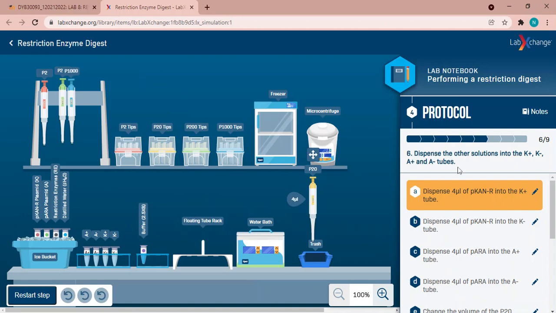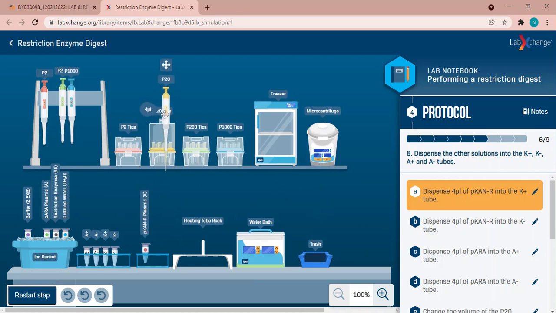Next, dispense the other solution into the K plus, K minus, A plus, and A minus tubes. First, dispense 4 microliters of pKAN-R into the K plus tube. Eject a tip, then dispense into the K plus tube.